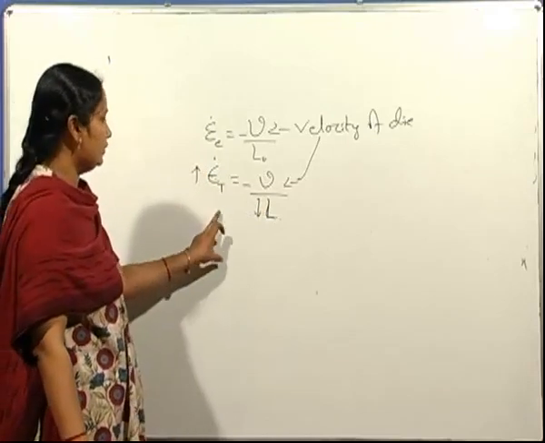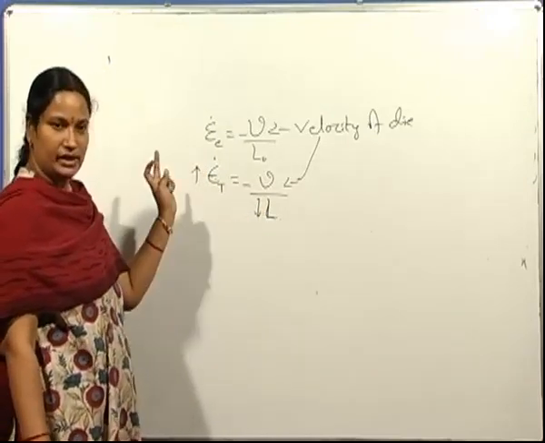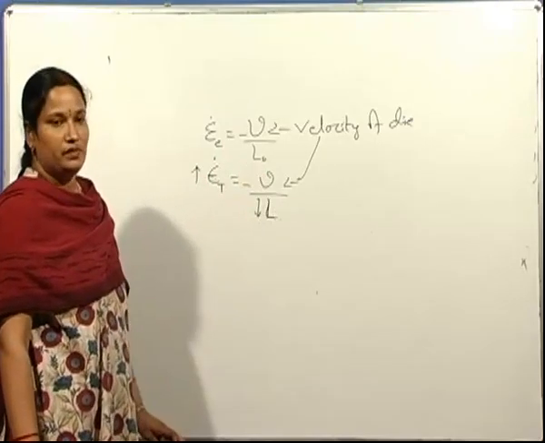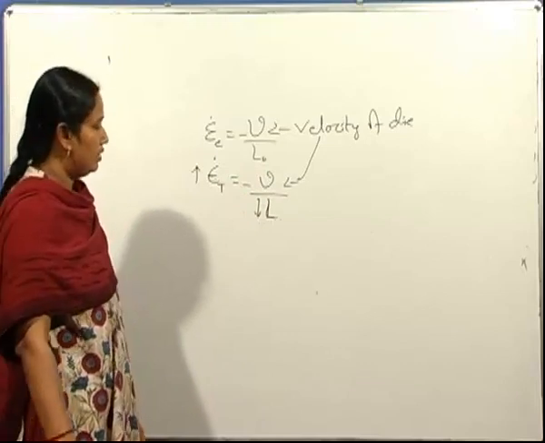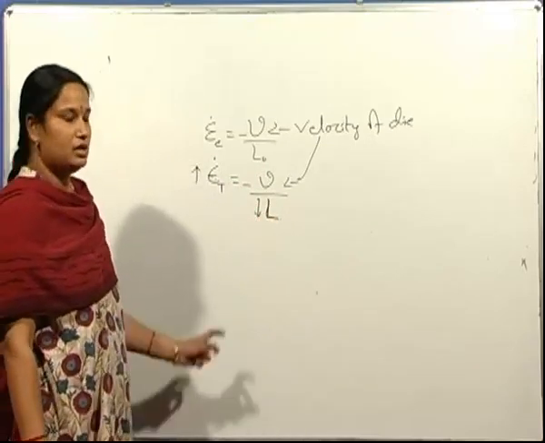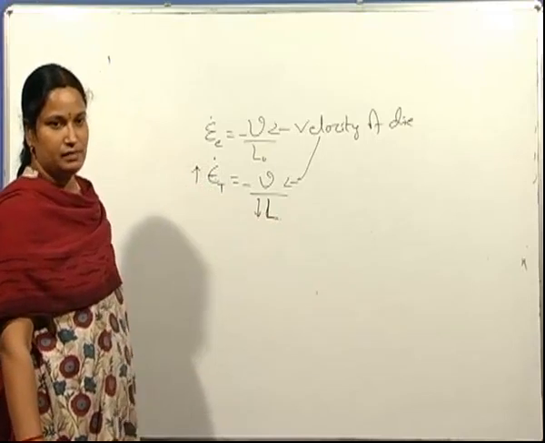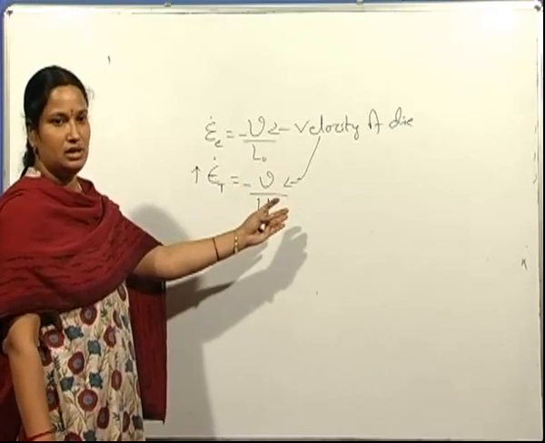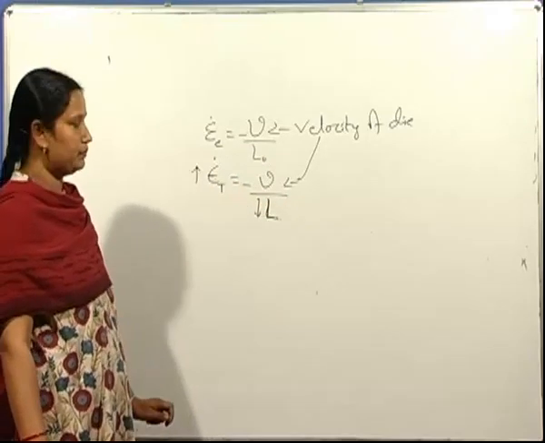So to carry out the compression test at constant strain rates, it is very, very difficult, because as the length of the specimen decreases, the true strain rate increases. So to carry out these experiments at constant velocity, it is very difficult.